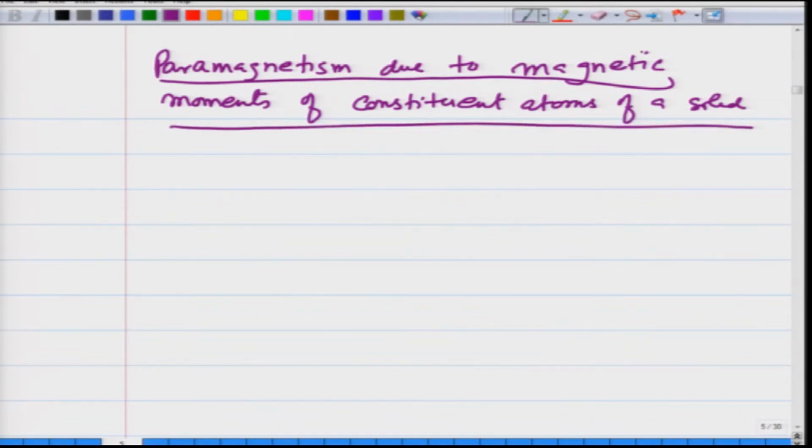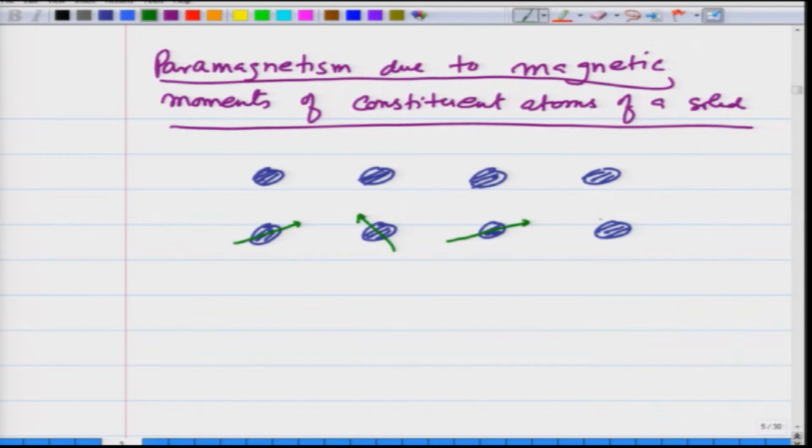Slightly different context in that when I have this solid which is made up of these atoms, each of these has a magnetic moment due to orbital motion of the electron as well as its spin. And when I apply a field B, these magnetic moments start aligning.